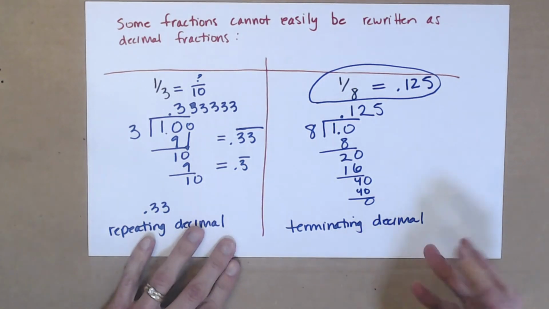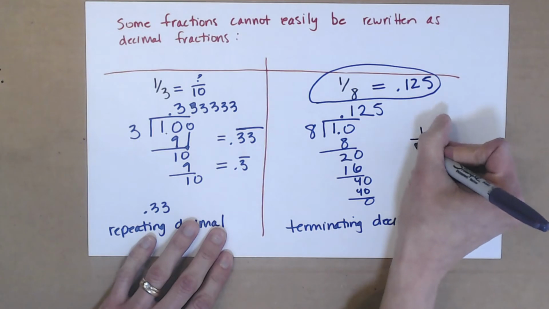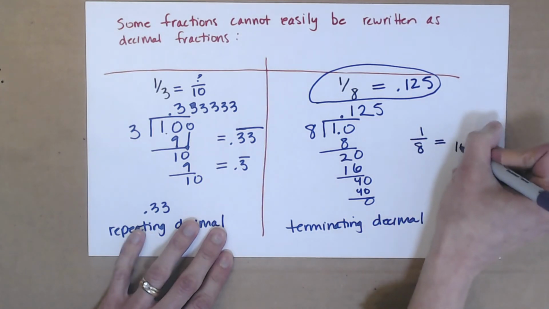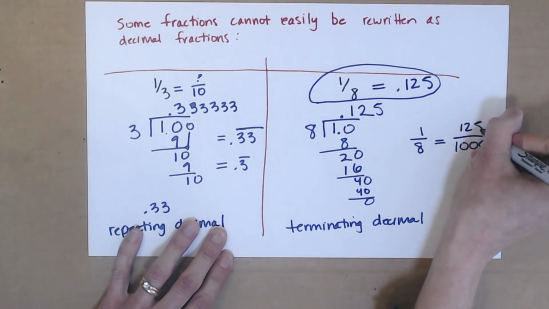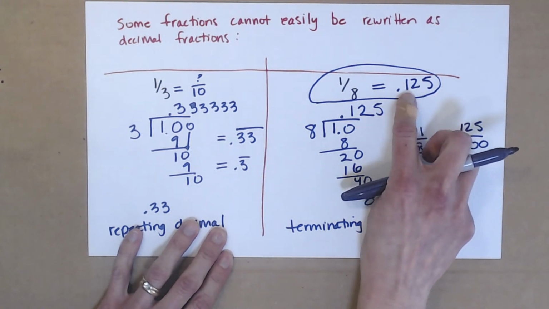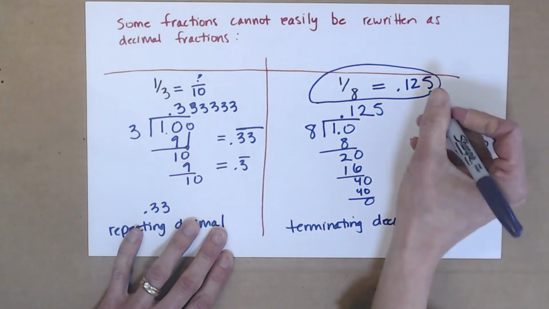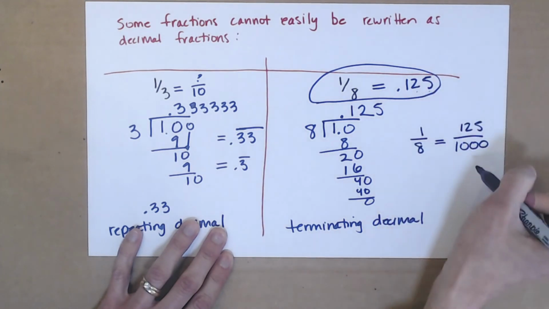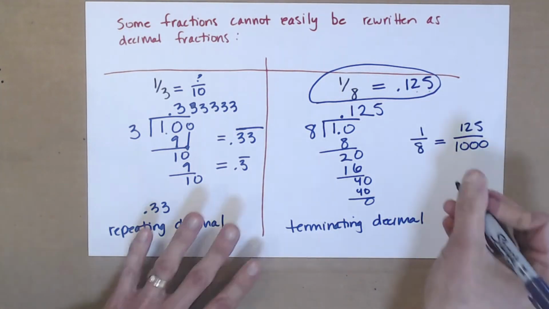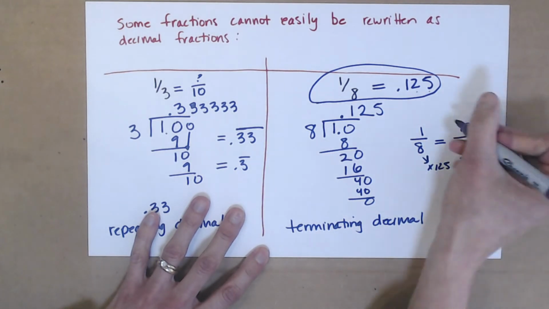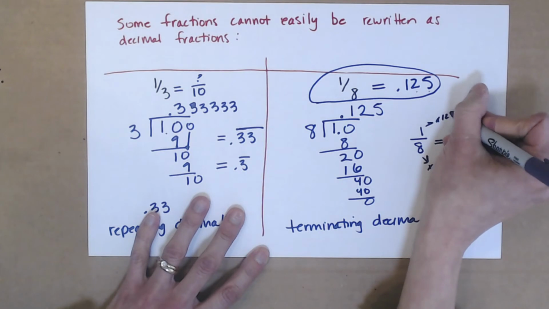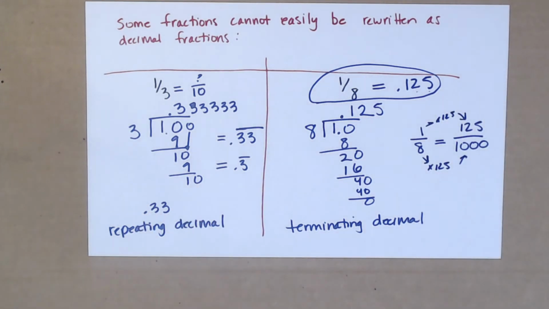This terminating one actually could have been rewritten as a decimal fraction. 0.125 is really 125 thousandths, because this is tenths, hundredths, thousandths. You may know that 8 times 125 is 1,000. So you could have actually used equivalent fractions, but it's not very apparent. That's why I used long division for you there.